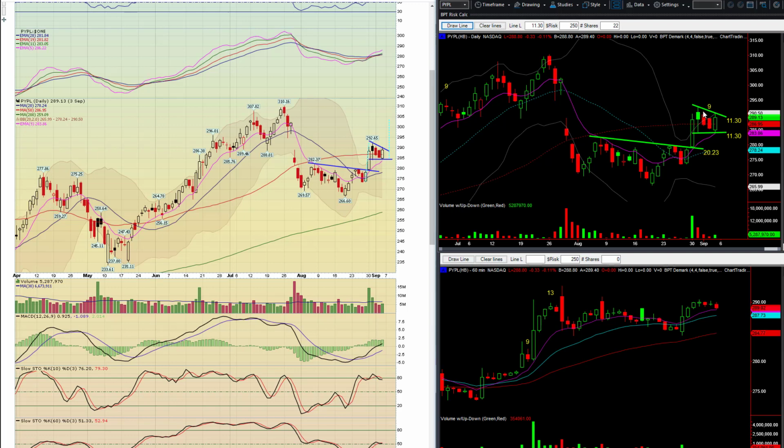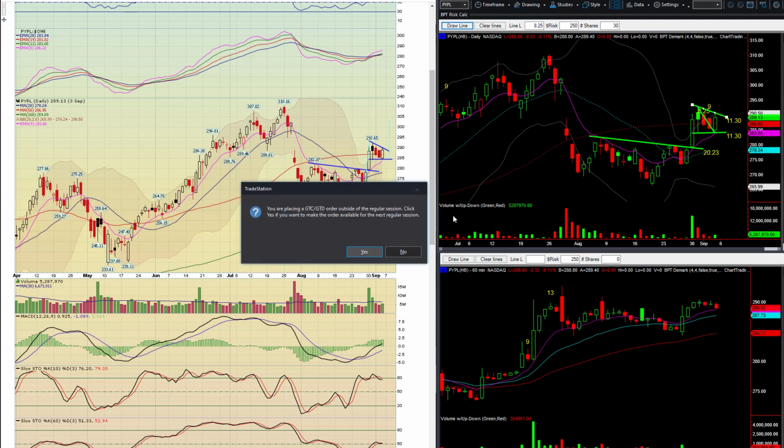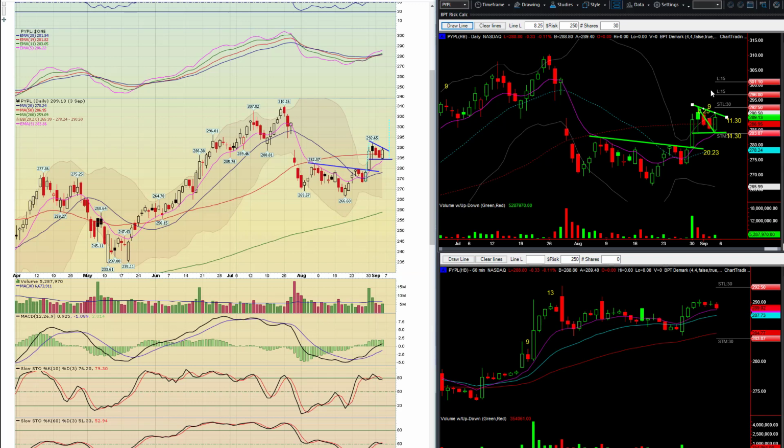And we're willing to risk $250. Remember, we can change this to whatever we want. So we use this line here, and I want the stop right here. So I click the low of this candle, I click the high of this candle, and go ahead and hit yes to place my orders.